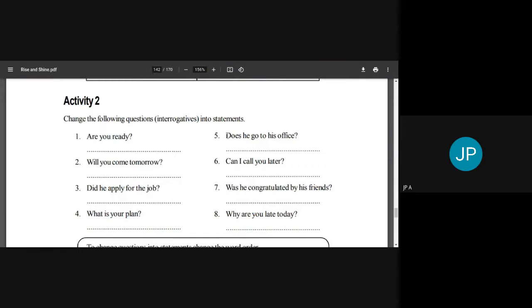Okay, the next one. Does he go to his office? Does he go to his office? You have to remove the question mark, combine does and go, and make it into a statement.